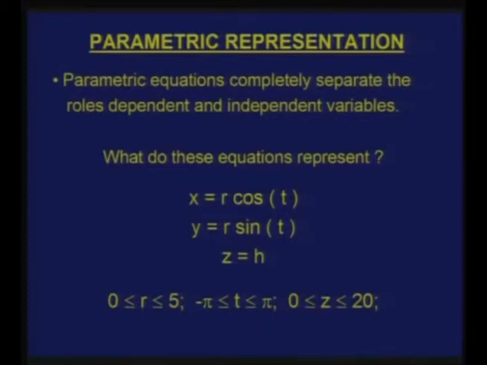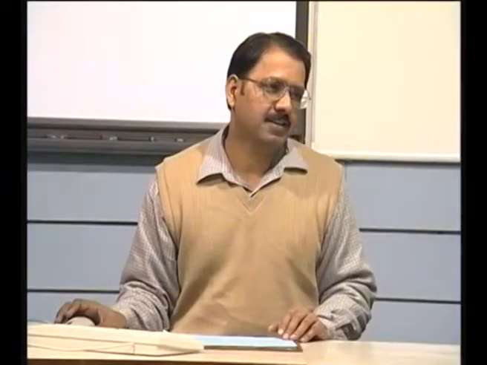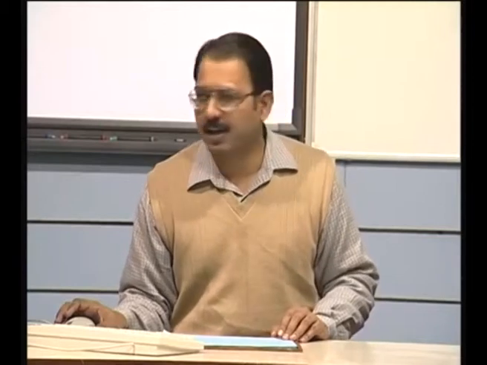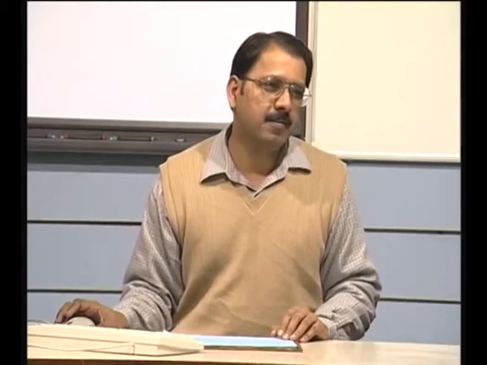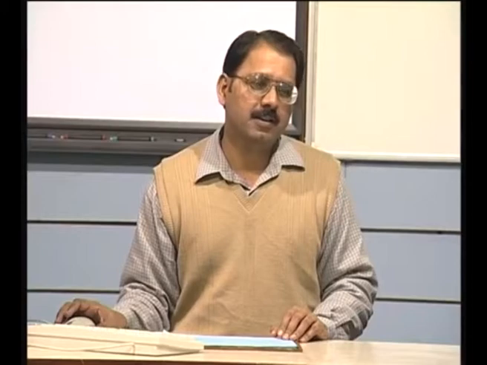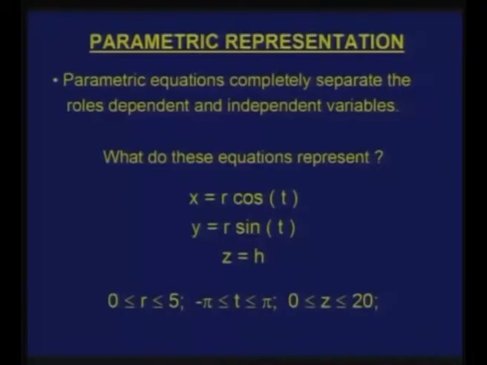So, what does this represent? It is a solid cylinder. Now, instead of r varying from 0 to 5, let us say I vary r from 3 to 5. You still get a solid object, but this time it is not a solid cylinder, it is a hollow cylinder.